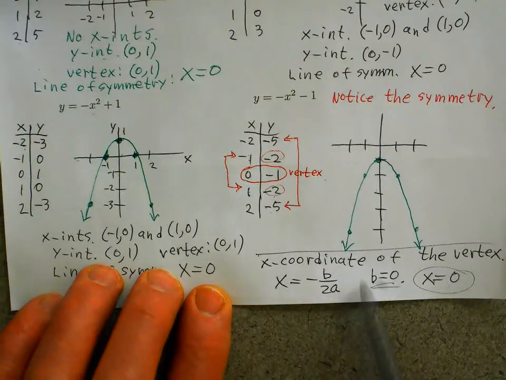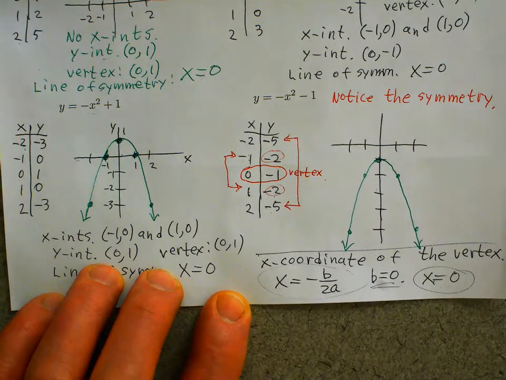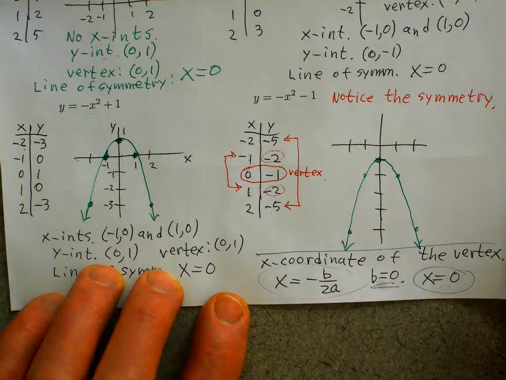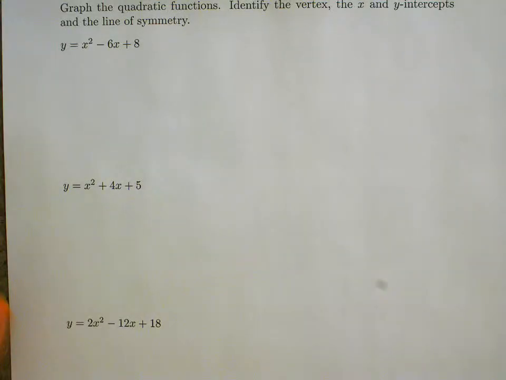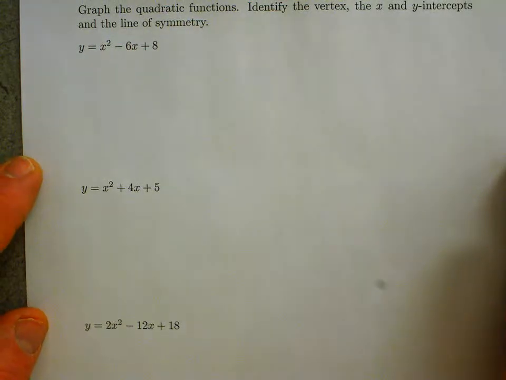And in general, the formula for the x-coordinate of the vertex is -b over 2a. Okay, let's go on to the next page and look at some more complicated ones.